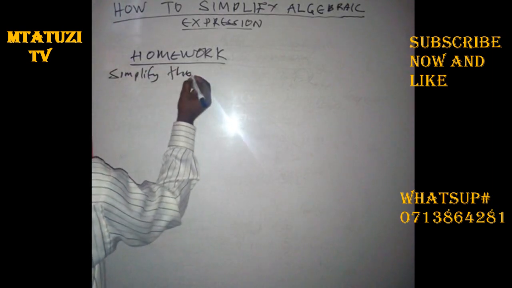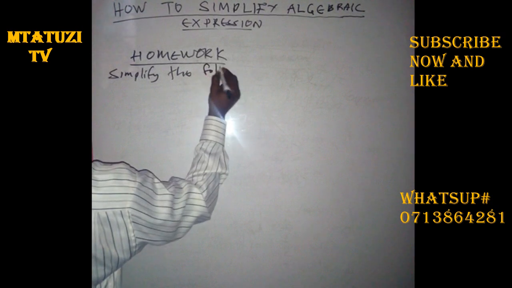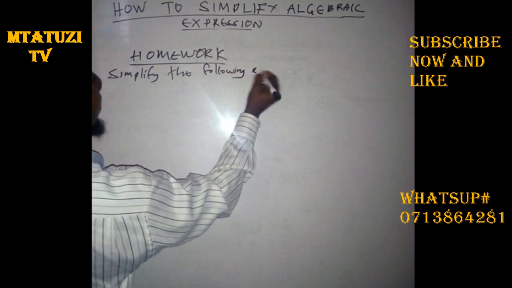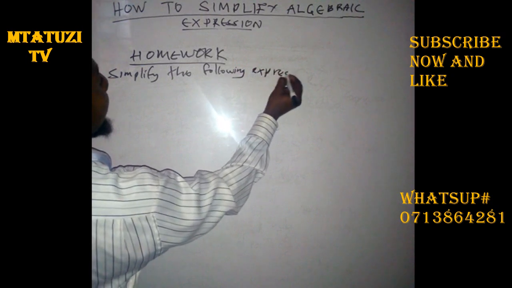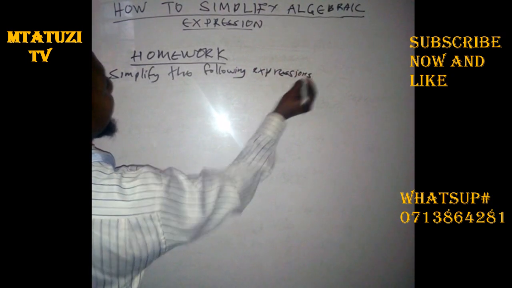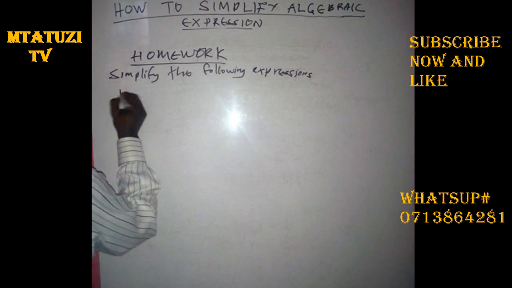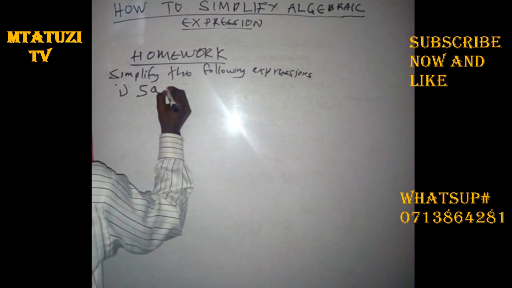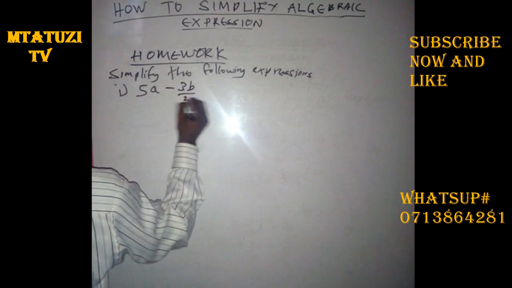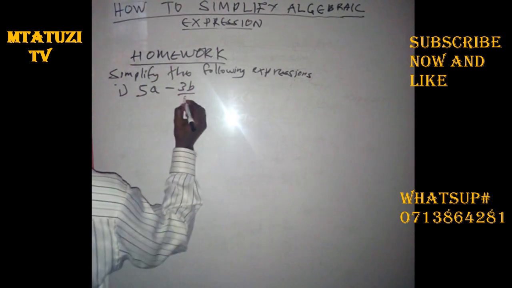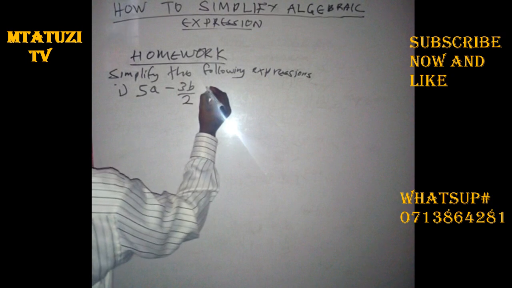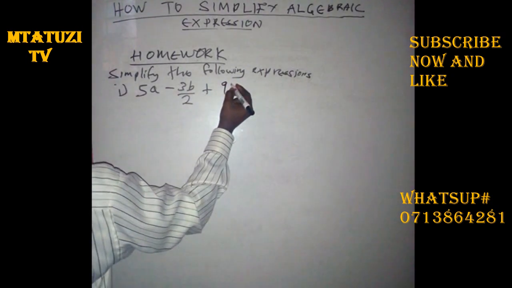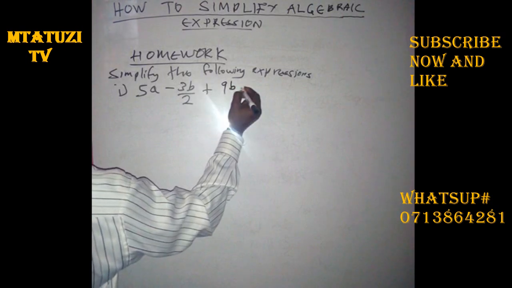Simplify the following expressions. We are given expressions and required to simplify. Number 1, 5y minus 3b over 2 plus 9b minus 4.